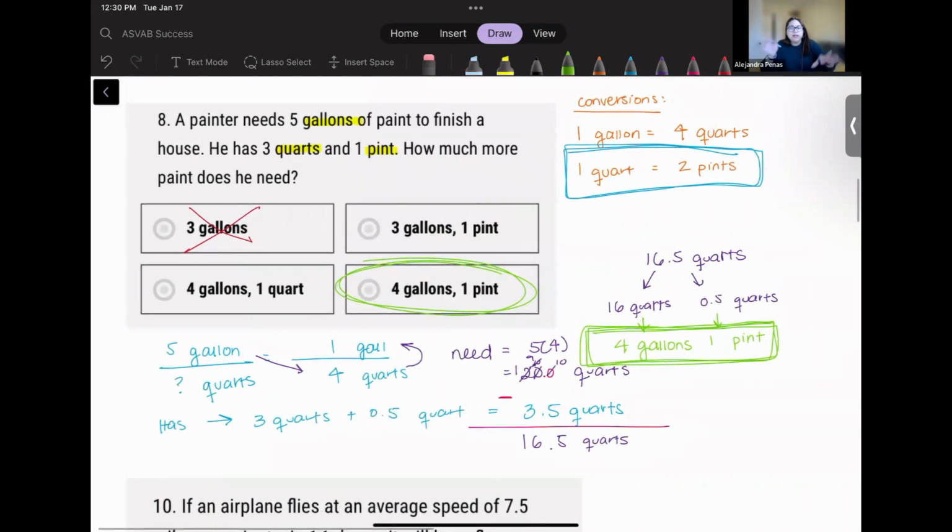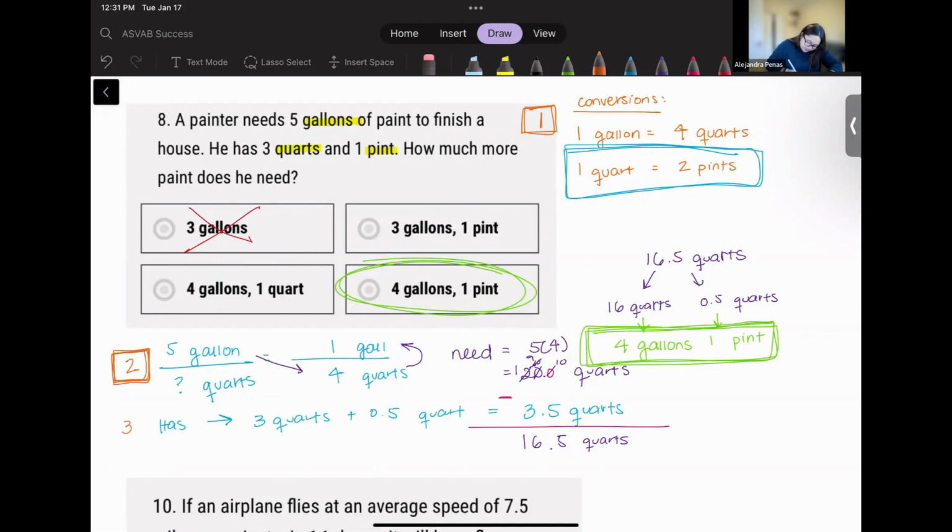So I know this one kind of was bouncing back and forth between conversions. So let me just rewind and re-explain. Step number 1, I wrote down my conversions because I knew I was going to need them. Step number 2 was to convert the number of gallons that he needs to quarts.